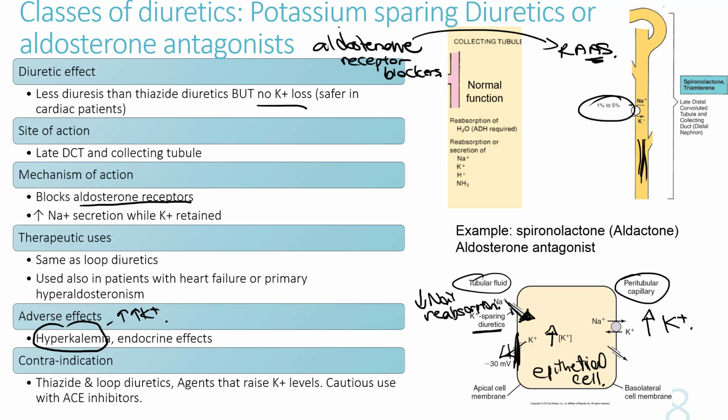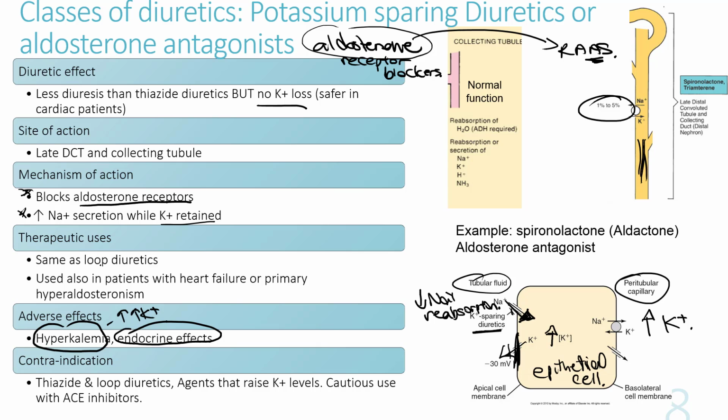Now, because aldosterone is a hormone, one of the adverse effects is that it can also cause other endocrine effects. So you can see over here, the mechanism of action is blocking aldosterone receptors, so it increases secretion of sodium while retaining potassium.